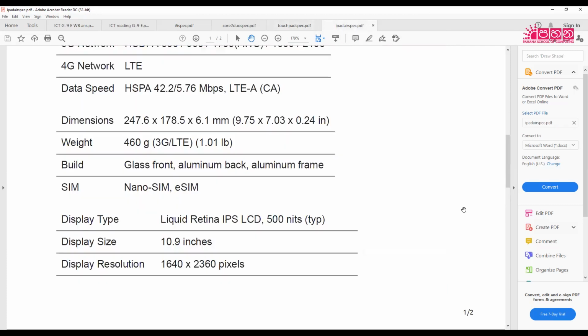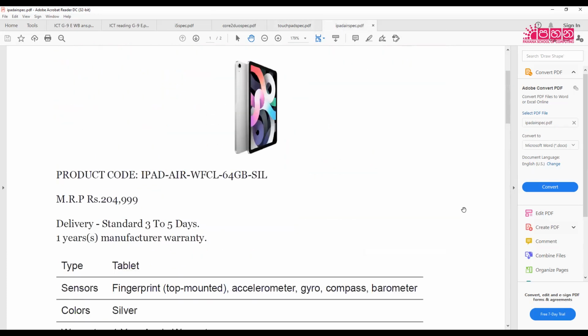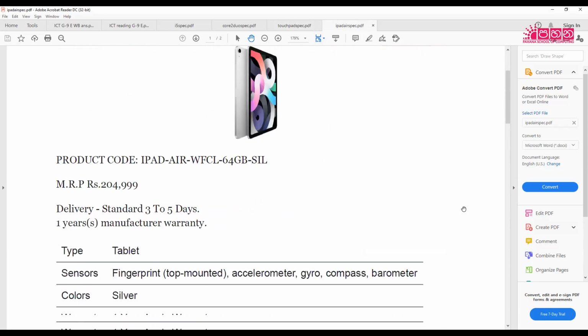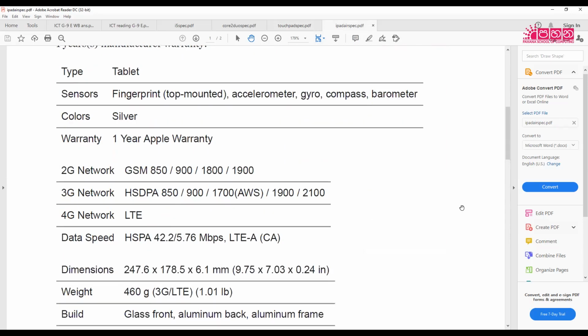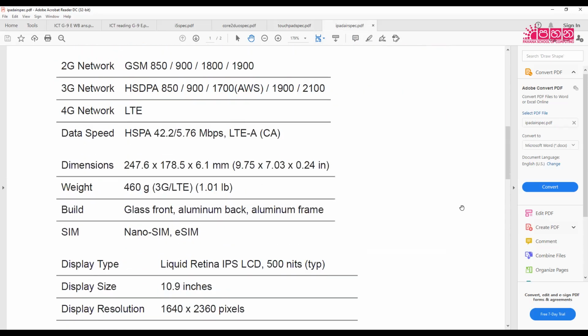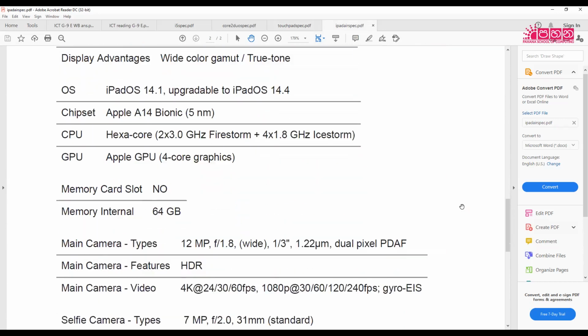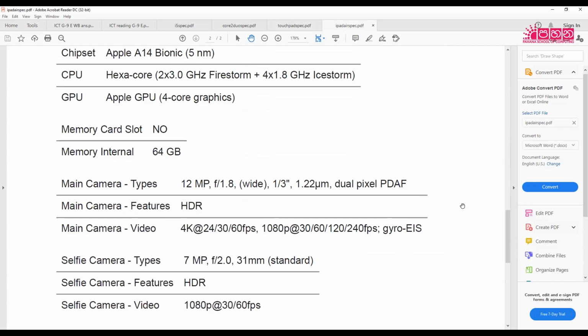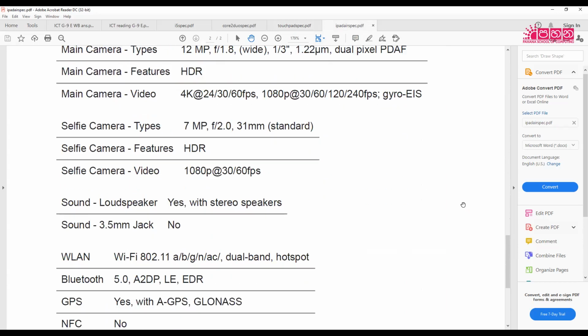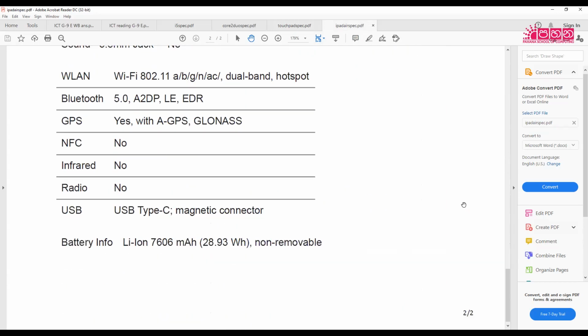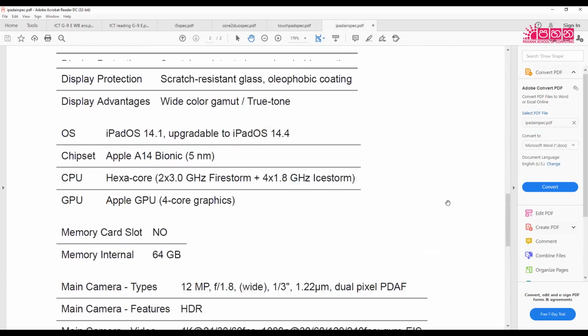In the iPad, if I remember correctly, it has not been given. Let me check carefully. It is not given here, but I checked on the internet.